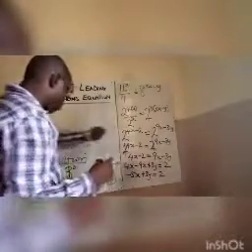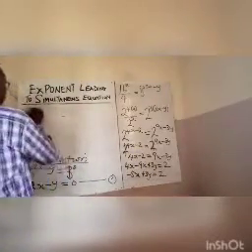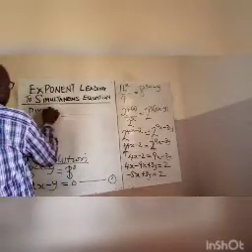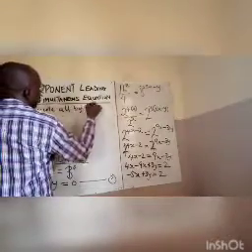To get the second equation, we have to remove the negative sign that comes with s by dividing all through by minus 1.